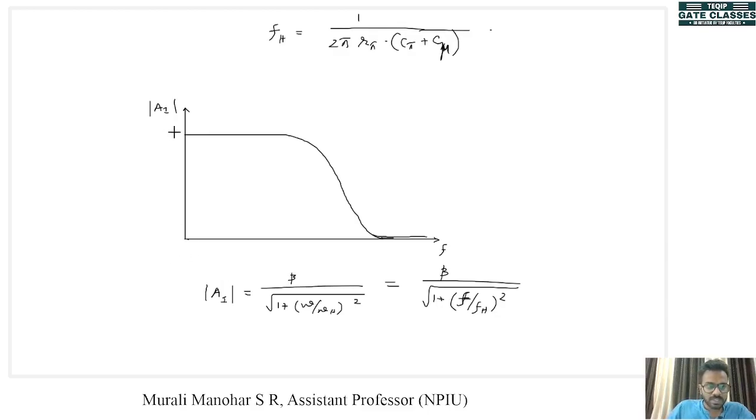When f is equal to 0, the magnitude is beta. And when frequency becomes equal to fh, the magnitude becomes equal to beta by root 2. That is, there is a 3 decibel decrease in the magnitude. So this cutoff frequency is fh.